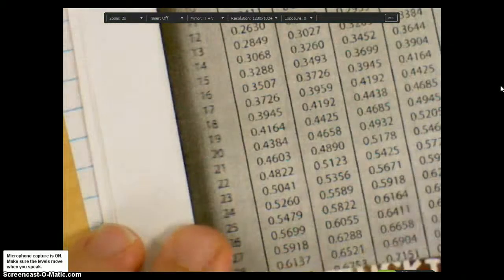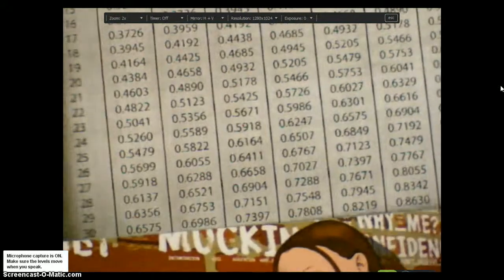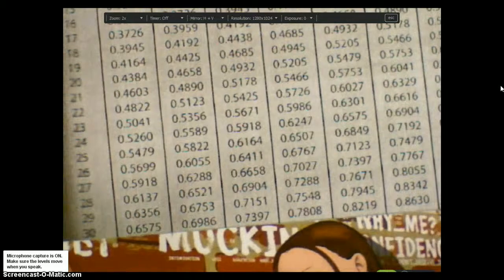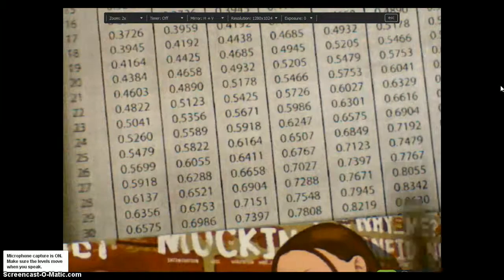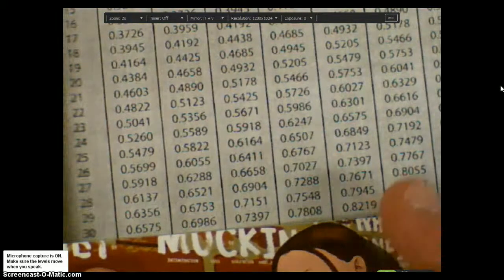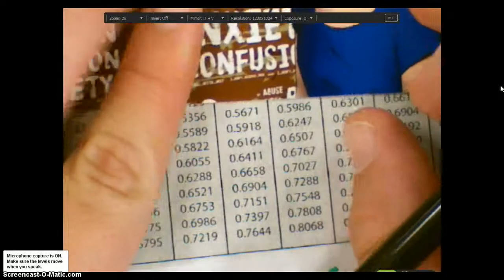Clear down 30 days, and trust me, this is a lot harder getting it on the screen than it looks. And we were at 8% interest. 8% is this very first number. So 0.6575, and then we have 5 days to go back and make up on, so we'll slide up.